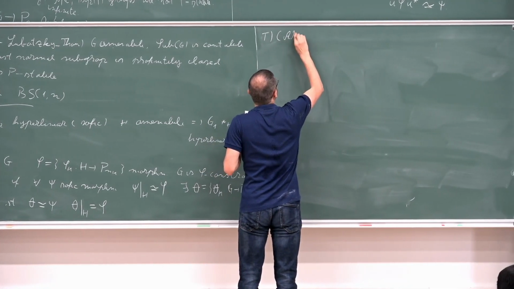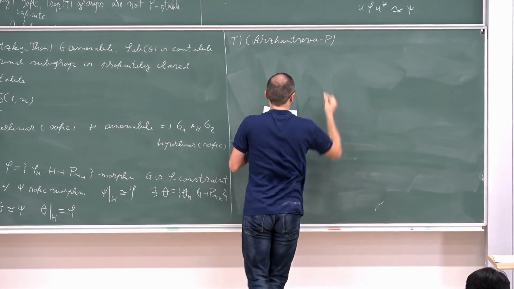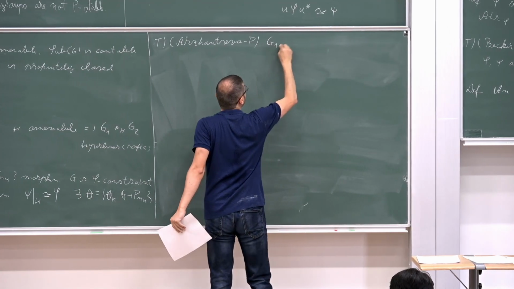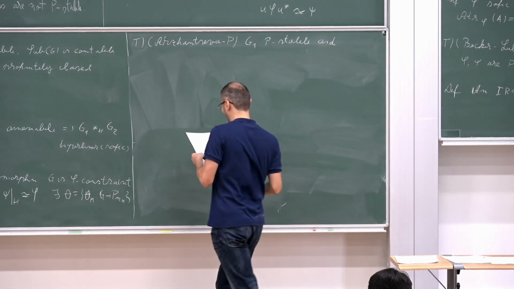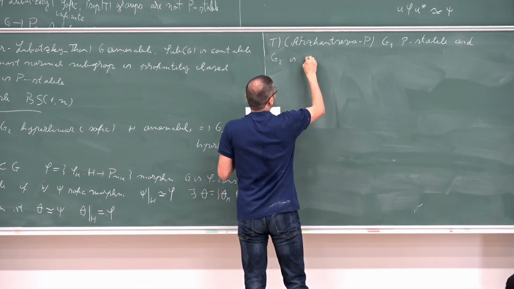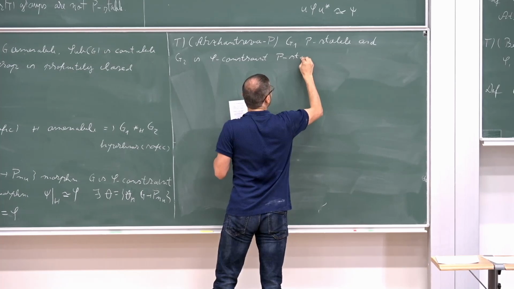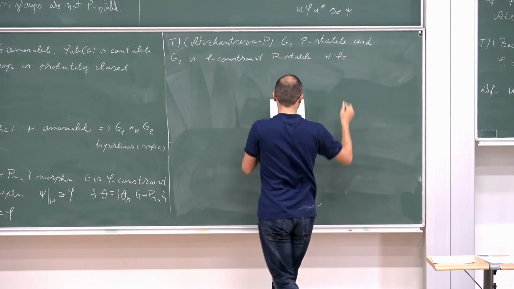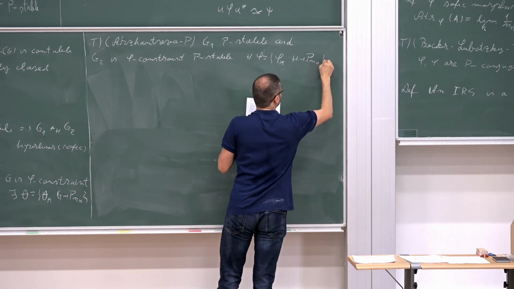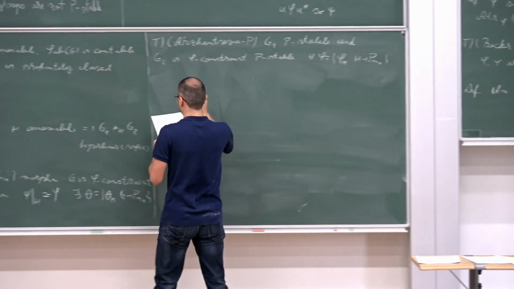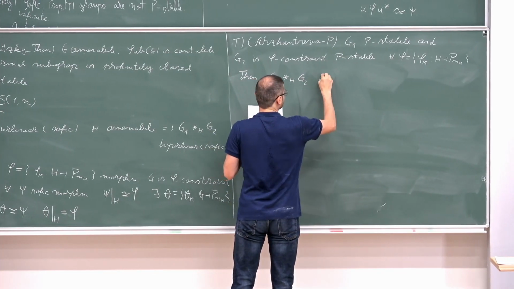Joint work. If G1 is p-stable and G2 is phi constraint p-stable for each morphism phi of H, then the amalgamated product is p-stable.